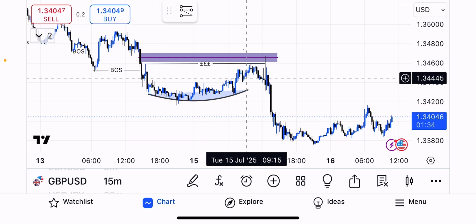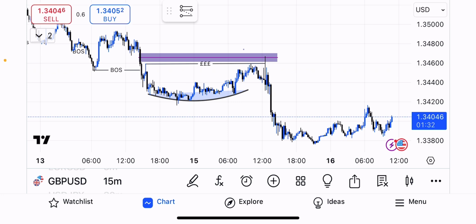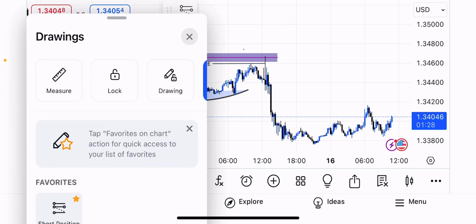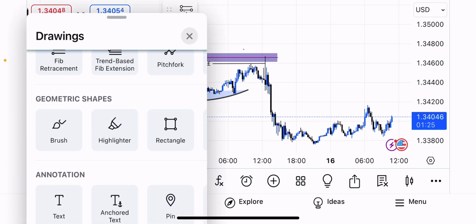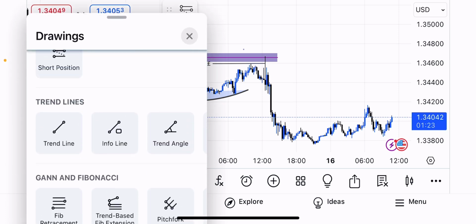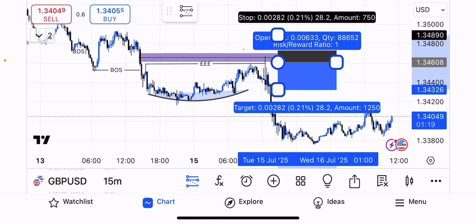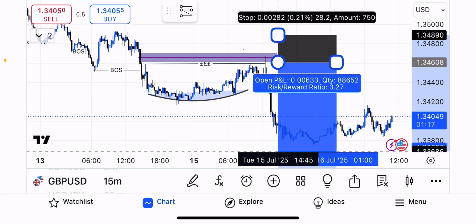Okay, so I had to set out my zone. I think I was aiming for 79 pips or so. Yeah, I was shorting. I was aiming for 79 pips here.